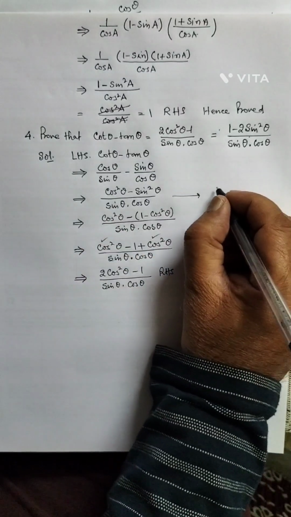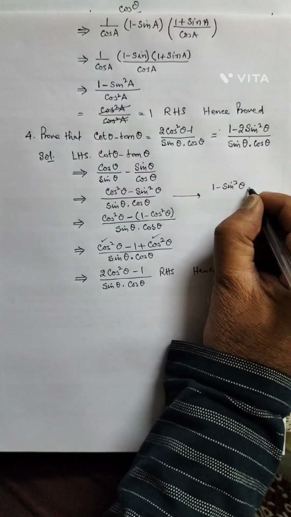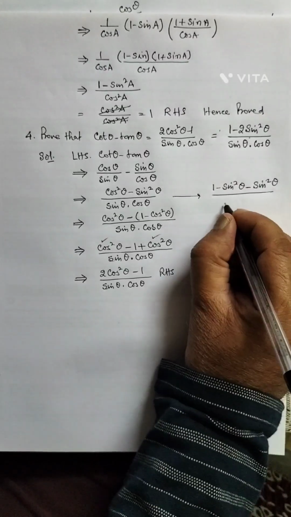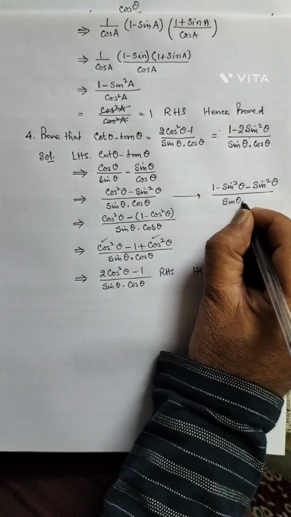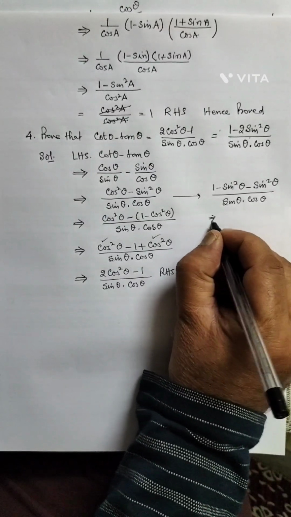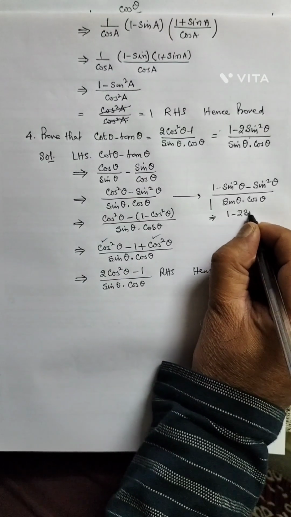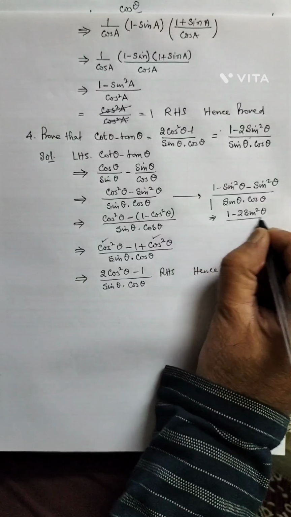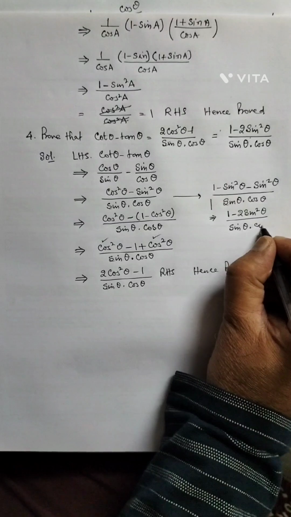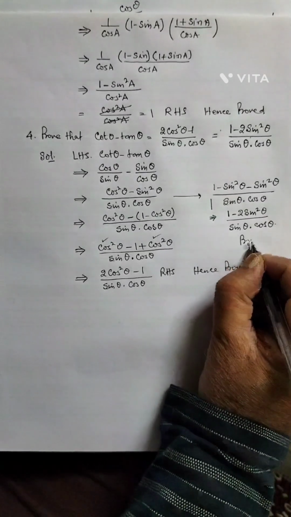Instead of cos square theta, we will write 1 minus sin square theta minus sin square theta upon sin theta multiplied by cos theta. And in the next step, this will give you 1 minus 2 sin square theta upon sin theta multiplied by cos theta. So this will again prove it.